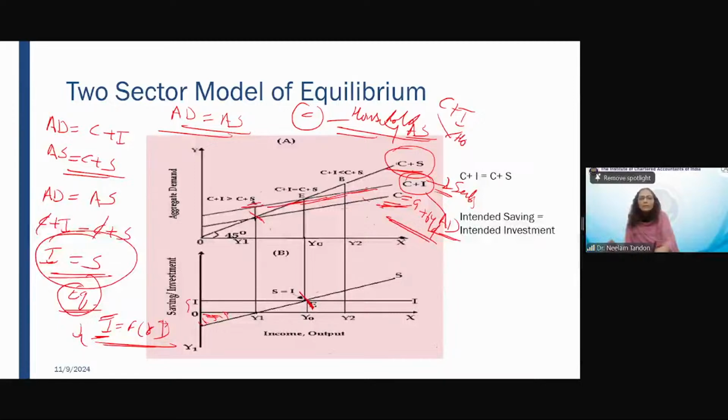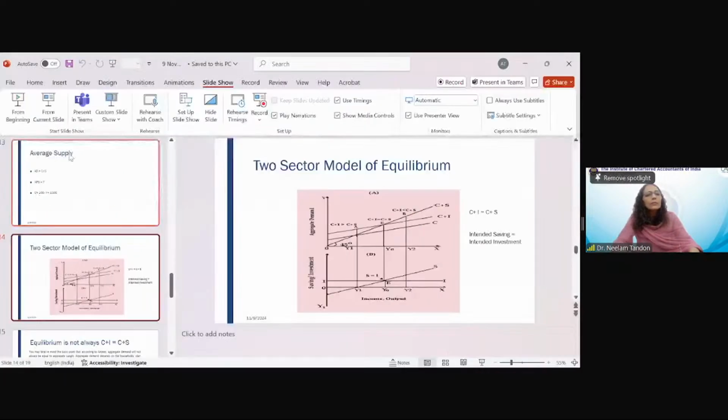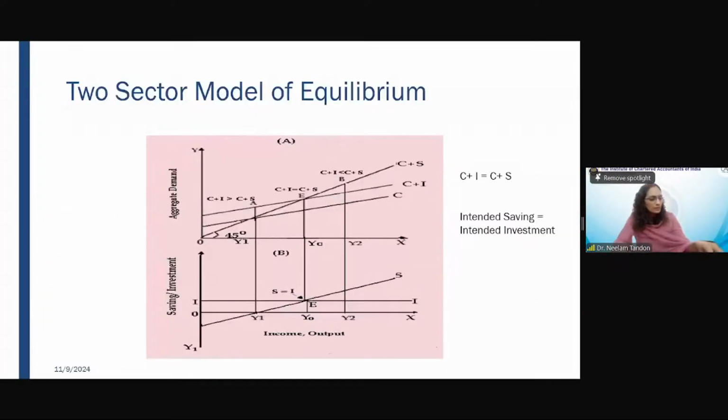So the corporate demand and the household demand together is this one. So this is aggregate demand.